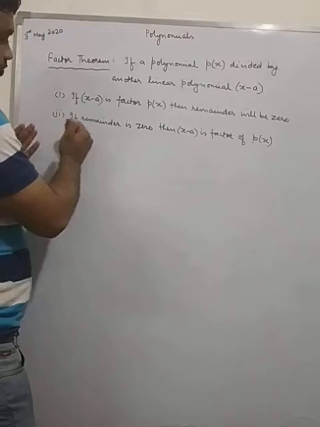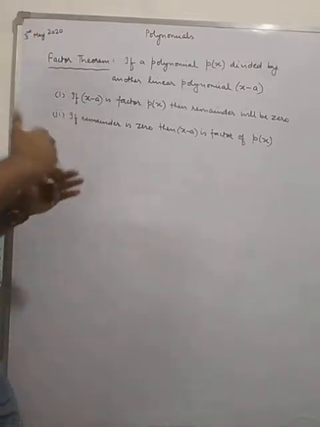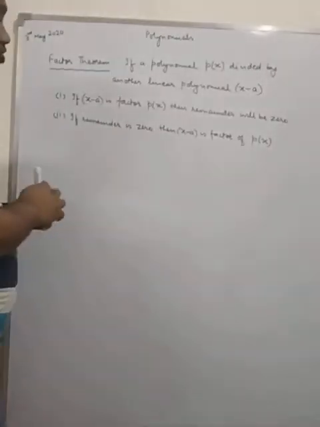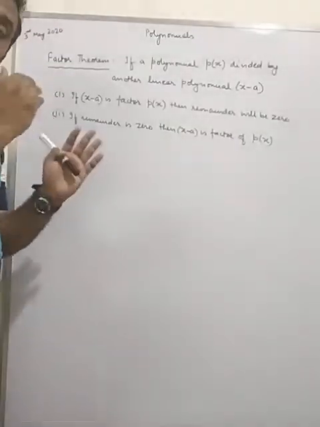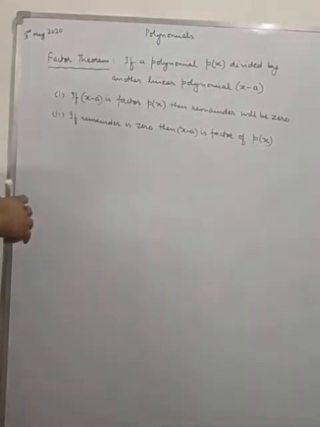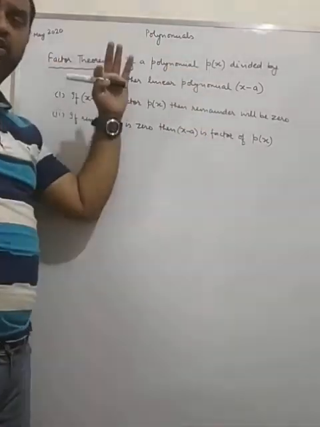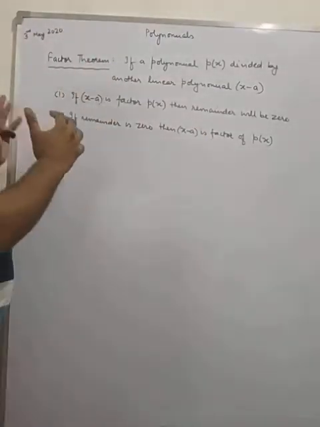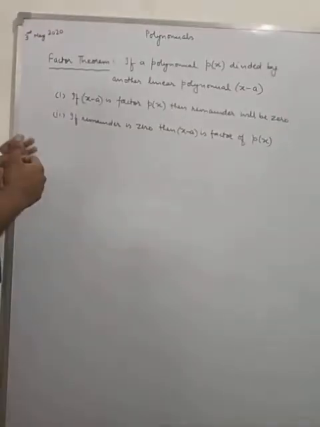Second, if the remainder is 0, then x minus a is a factor of p(x). This theorem is used to check whether a given linear polynomial is a factor of the big polynomial or not. Again, this reduces our effort.